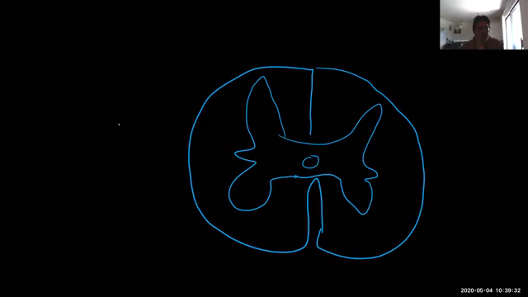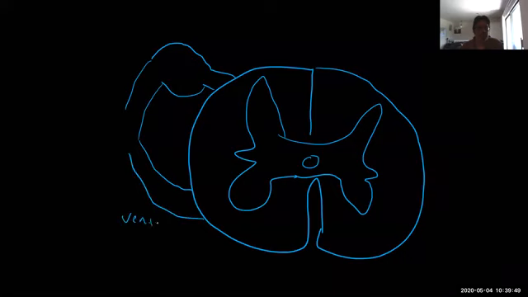So just a reminder that the spinal nerve will bifurcate. It divides into this dorsal root with the dorsal root ganglion, and then a ventral root that comes to the front. So there's the ventral root. And here is the dorsal root. And now we get the spinal nerve.